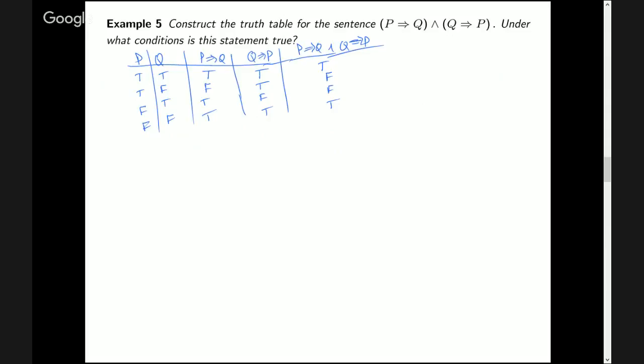Under what conditions from P and Q do you get true over here? The answer is true when you have true, true, or false, false. So this is true when P and Q have the same truth value.